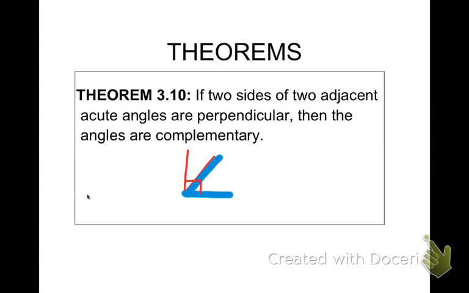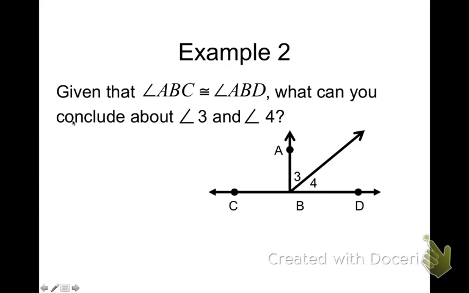So let's flip on to the back. Given that angle ABC is congruent to angle ABD, so this angle is congruent to, let's get a different color here, that angle. Because they are congruent and form a linear pair, theorem 3.8 tells us what?